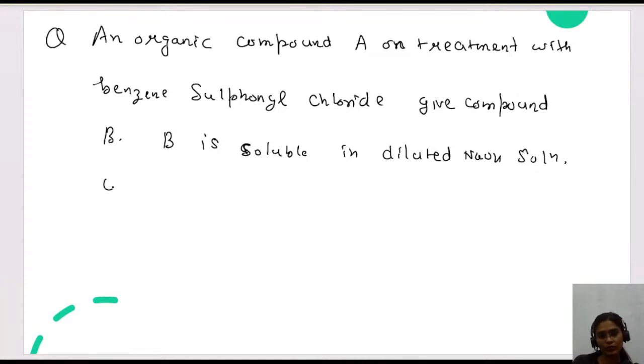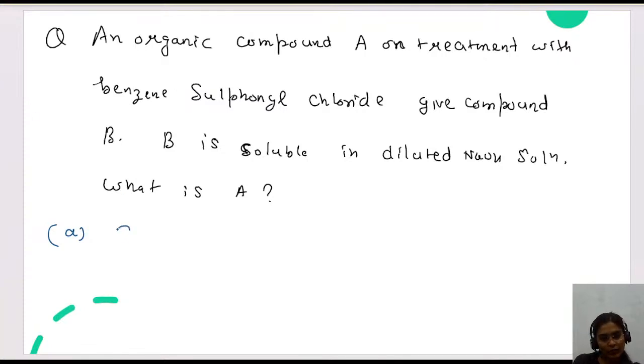This is the question. Let me repeat the statement: an organic compound A on treatment with benzene sulfonyl chloride gives some compound B, and that B is soluble in diluted NaOH. Just by observing the statement, I know what the answer will be.